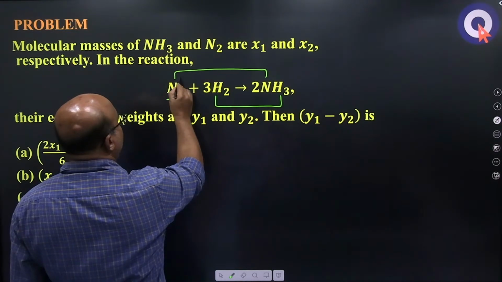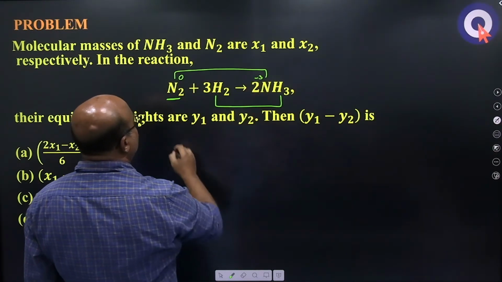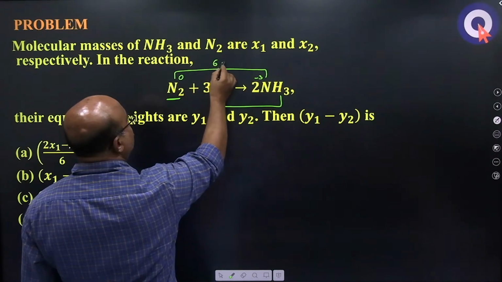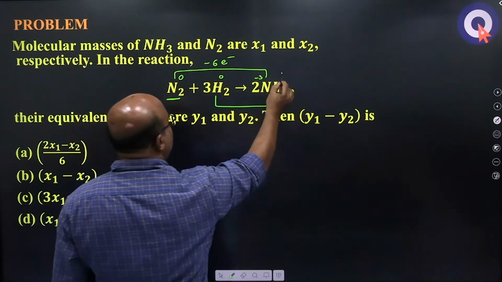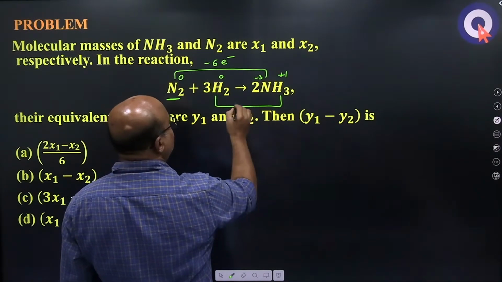Nitrogen, which was in 0 oxidation state here, changes to -3 here. So there are 2 nitrogens changing to -3, which is 6 electrons gained. Hydrogen, which is in 0, is converting into +1. So here the N factor is nothing but 6.